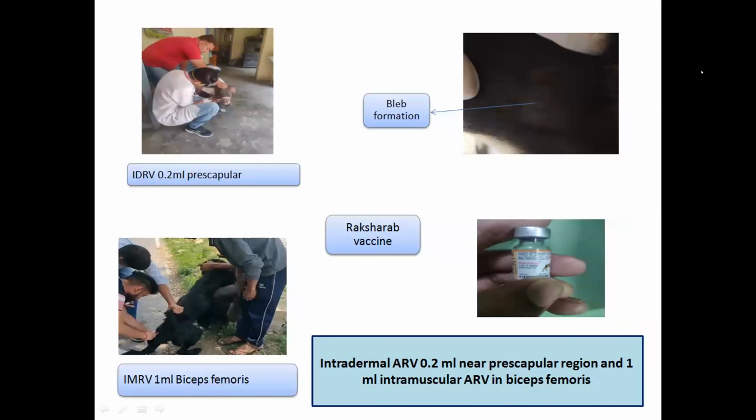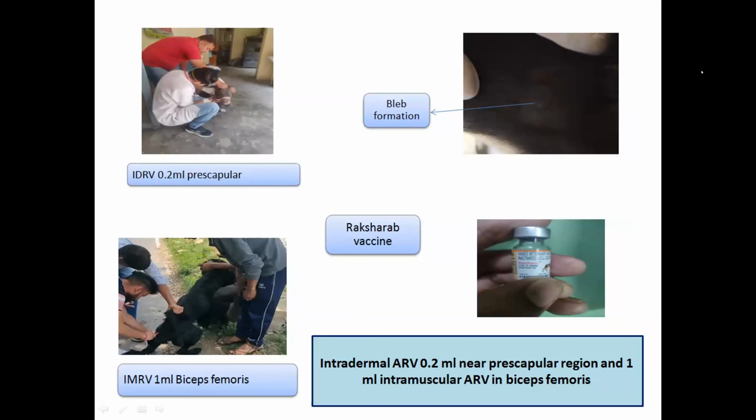Proper bleb formation is there in intradermal, and intramuscular in biceps femoris. The dose used was 5 times less in intradermal, 0.2, in the near prescapular region. This is again one of the new things we have seen.